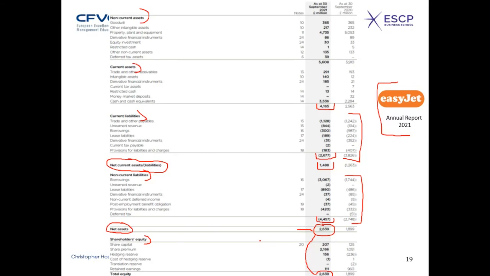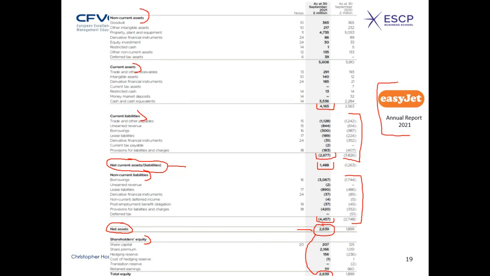So a rather strange way of presenting, because you have negative numbers. Liabilities are negative, they are deducted. There is something called net assets, which apparently is the same as equity, but why do they present it then? And they have this item of net current assets, which is also very weird.